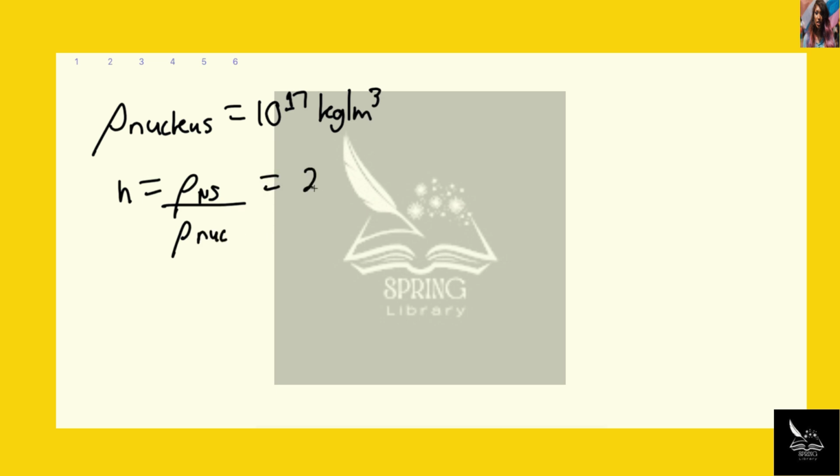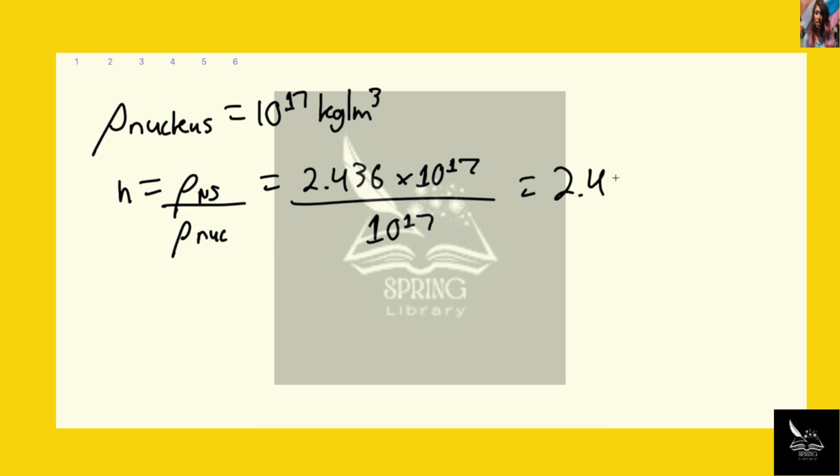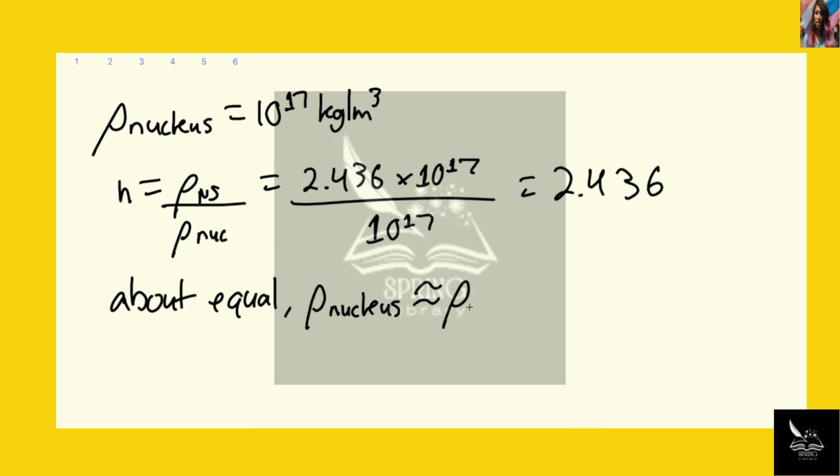And this would be 2.436 times 10 to the 17th divided by 10 to the 17th, 2.436. They're on the same order of magnitude, so they're about equal, which makes sense. The density of the nucleus is going to be about equal to the density of the neutron star. And so this would be our answer for D.